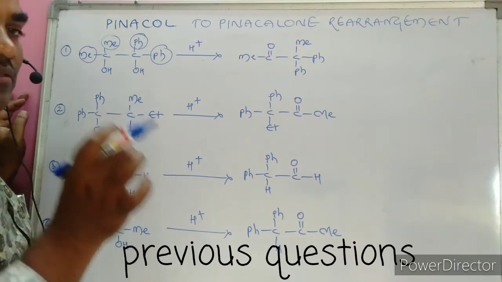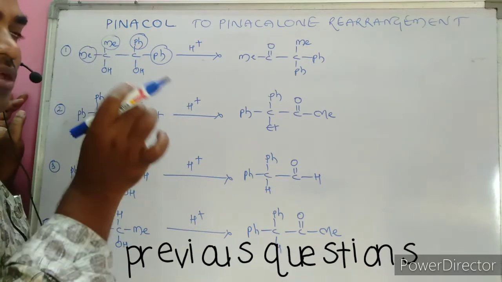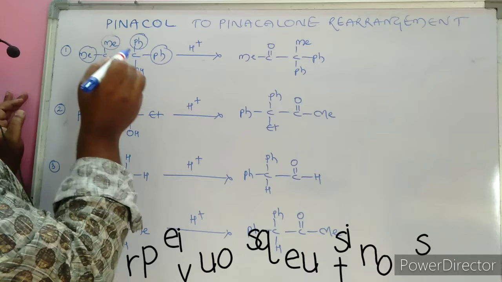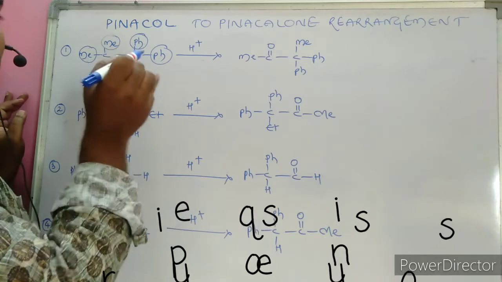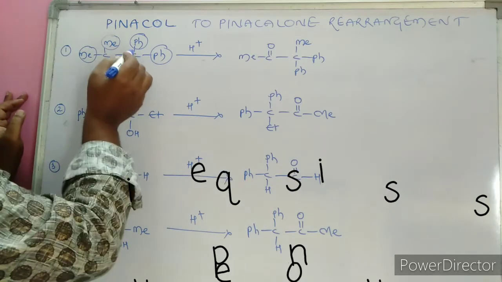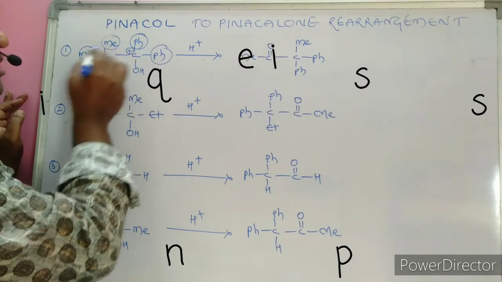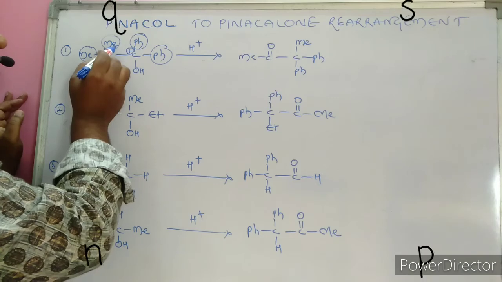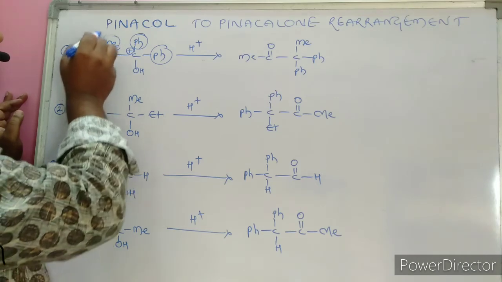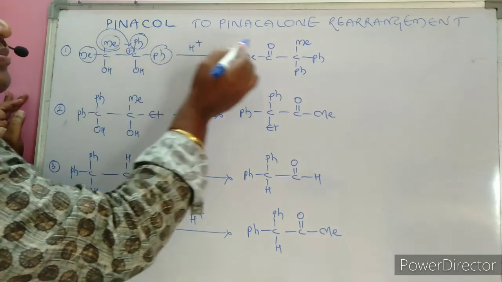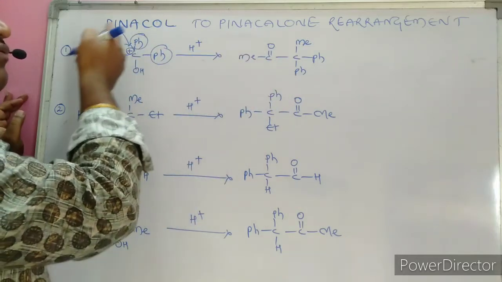The important thing that we need to keep in mind is in which location the more stable carbonium ion is formed. We know well the benzyl carbonium ion is a more stable one. That's why the migrating ability of the methyl group is high, the methyl group gets migrated, but not the phenyl group.